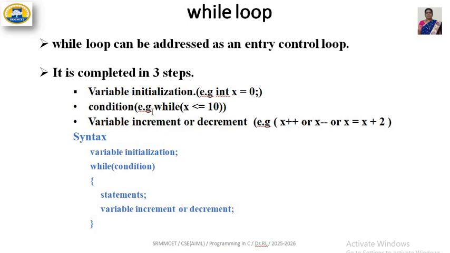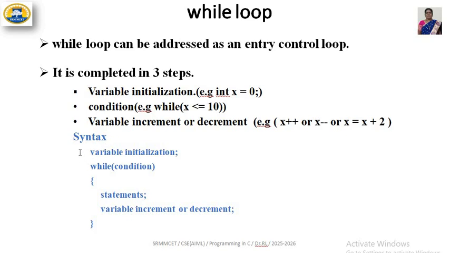The first one is variable initialization, that is, some integer or float variable equal to some value. Then the condition, so while x less than or equal to 10, or while x greater than or equal to 5, something like that. And the third one is variable increment or decrement.